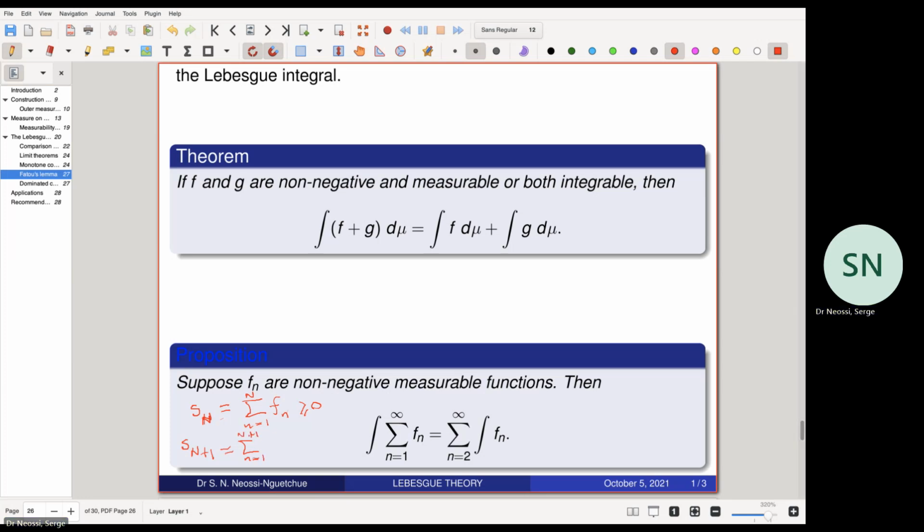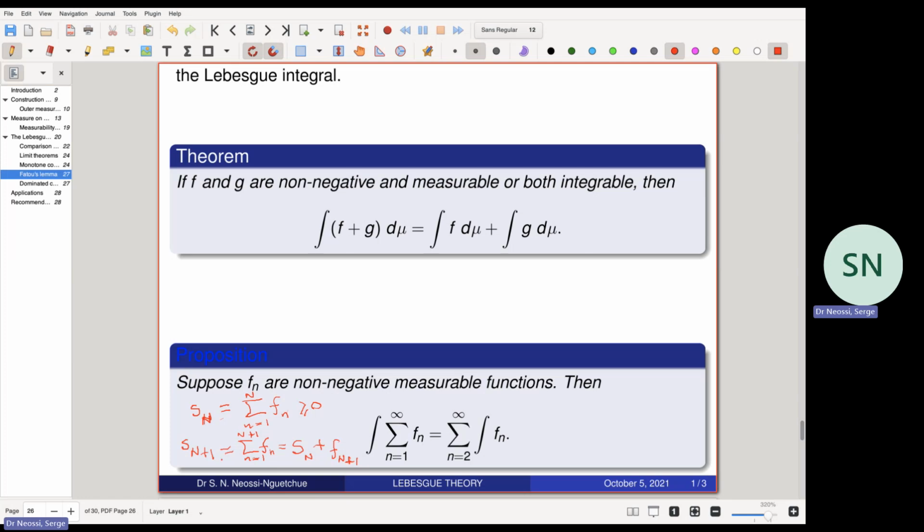You can see that we can split this into two. The sum up to capital N gives us S sub capital N, plus the last term, which is f sub capital N plus 1.